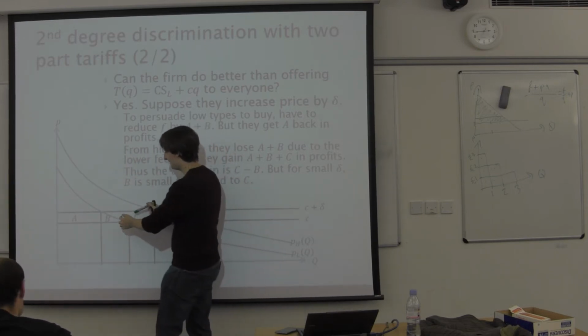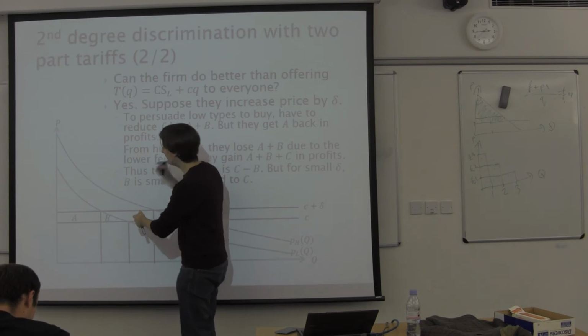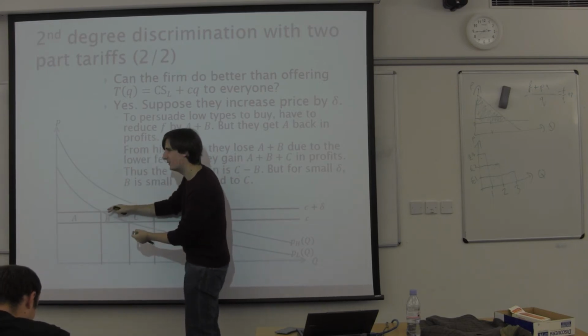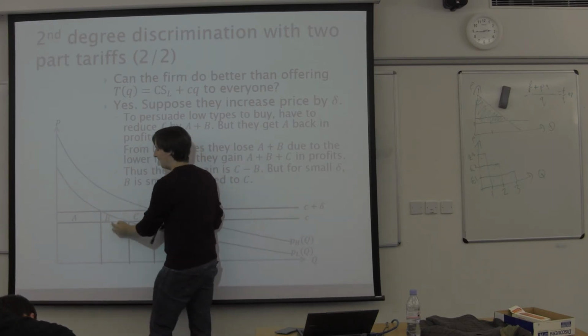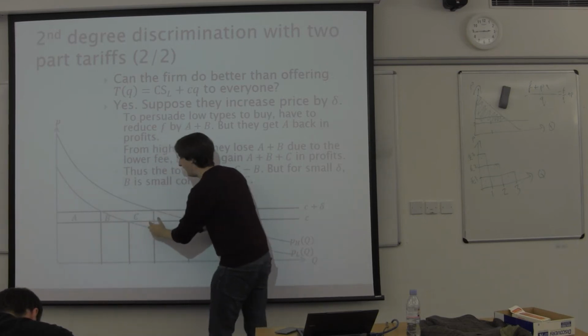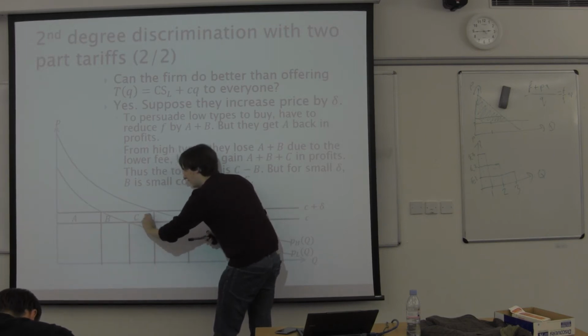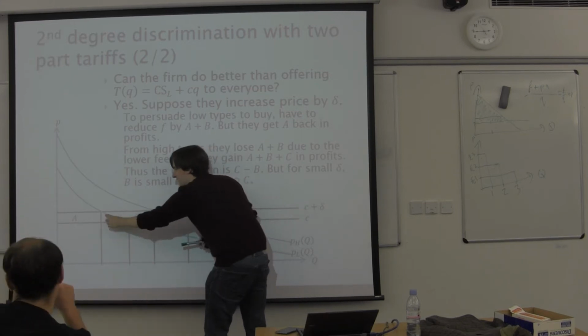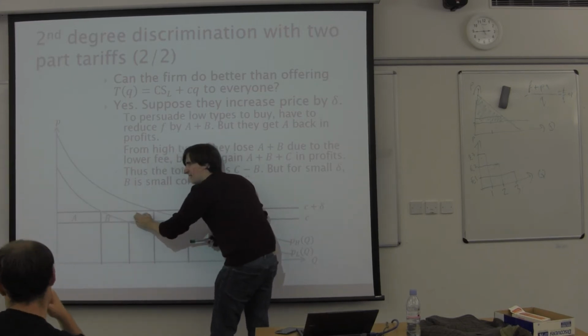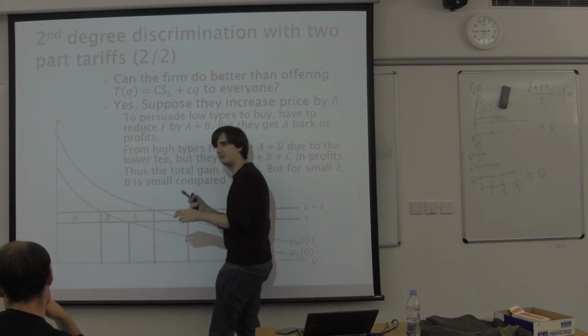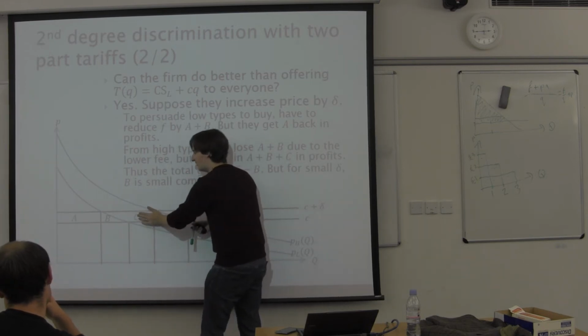So, if you think of delta very small, the area of B is going to be proportional to delta squared, whereas the area of C is going to be proportional to this distance, which isn't a function of delta, times delta. So this is like delta squared. This area is like delta. So with delta small, this thing has got to be bigger than that.